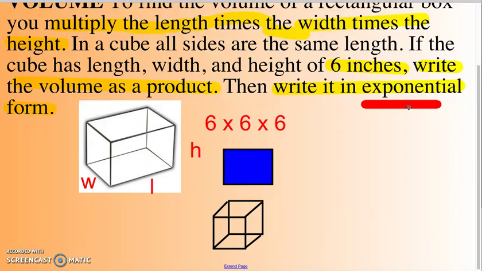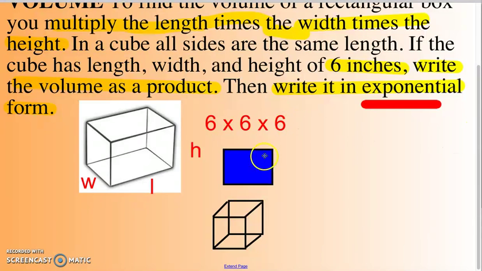And what was that other thing? Yeah, the sidekick needs the superhero, so it needs the base. So exponential form basically means that we're going to write an expression that has an exponent and it has a base. And so let's write out, first of all, our length, our width, and our height, and they're all 6, 6, 6. And remember, we're multiplying them together to find volume.